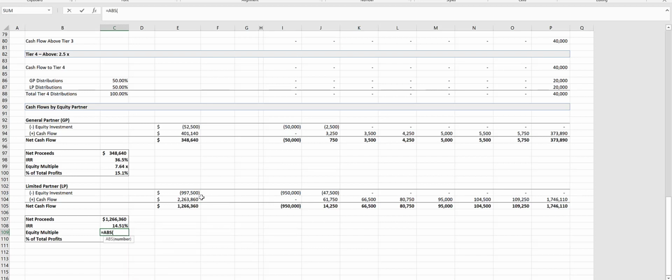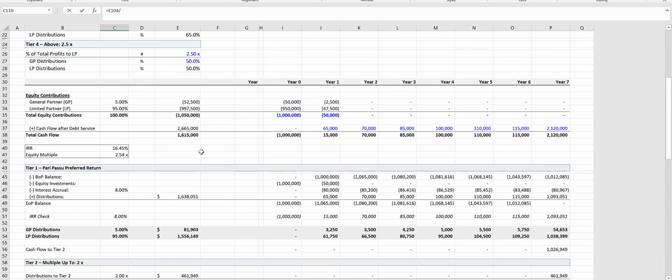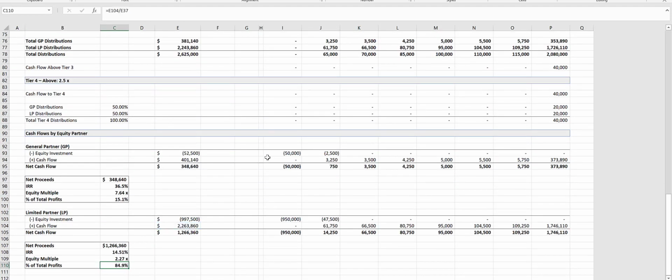We have an equity multiple of the total cash flows divided by the total equity investment by this partner, 2.27, and percentage of total profits will be the cash flows divided by the total deal level cash flows right here. Okay, so we have 84.9% plus 15.1% is 100%. That's correct.